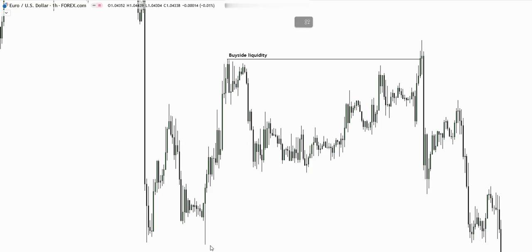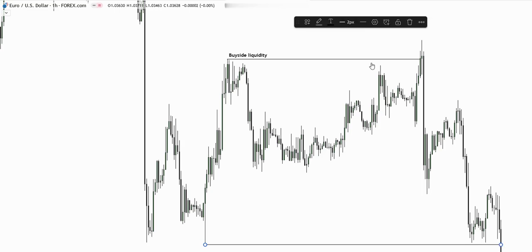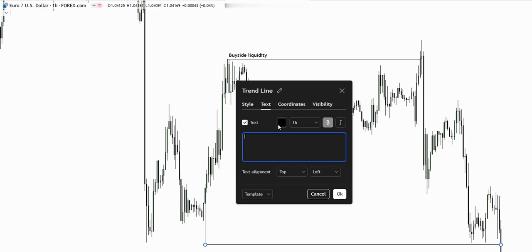And if you look down here, I have these almost relative equal lows, but I can take this all the way to this one. That is sell side liquidity.